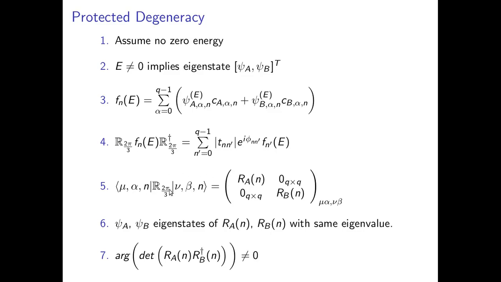And you can project down this R2 pi by 3 into one Dirac point, and at that Dirac point you can show that the RA and RB must have the same eigenvalue if this eigenstate is an eigenstate of the system, and explicitly you can calculate this RA/RB of n and show that their argument doesn't go to 0, which you would expect if the RA/RB dagger determinant argument is non-zero, which means that all the eigenvalues are not the same, which we expect for a non-zero energy state. So our initial assumption is wrong, and we can show there's a zero energy state.